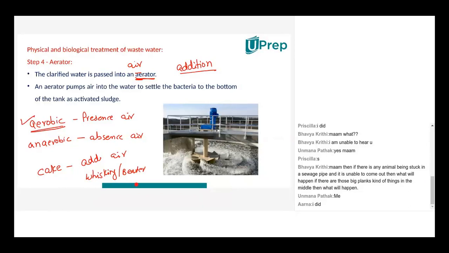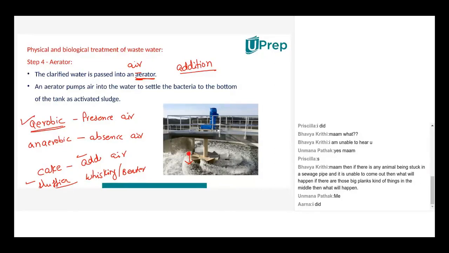By beating it, she's putting air inside the batter. And the more air goes into the cake, the fluffier the cake is. You will see certain cakes are not that fluffy. That means it has not been aerated well. If you beat or whisk the batter constantly, you will have a very soft, spongy, and fluffy cake because you've added air to it.